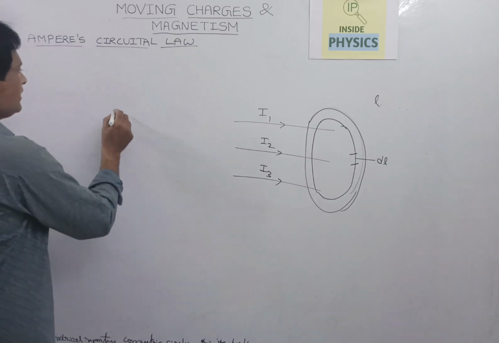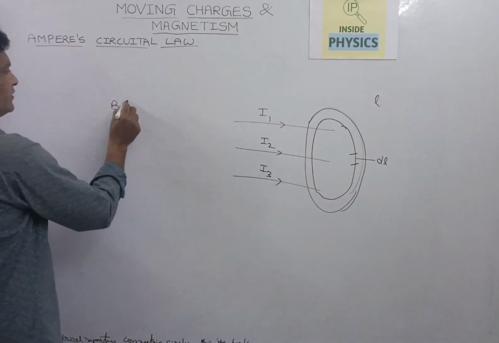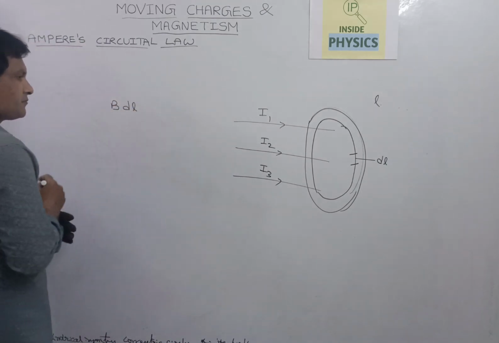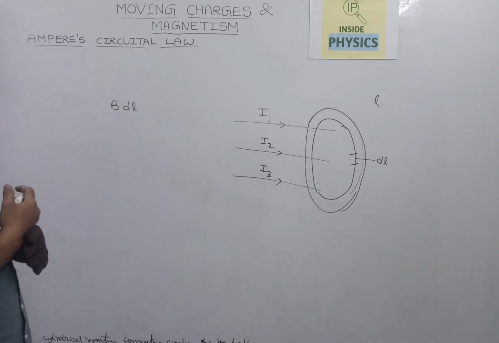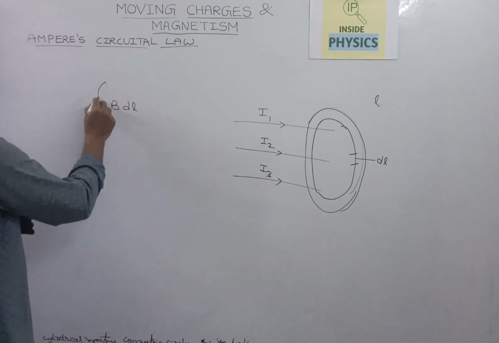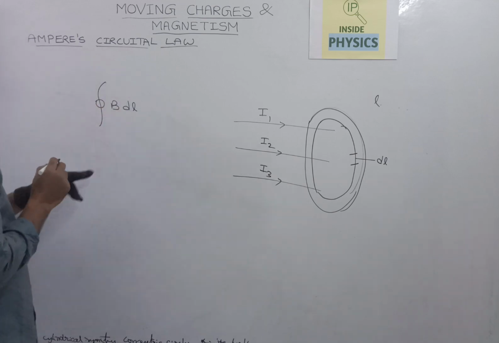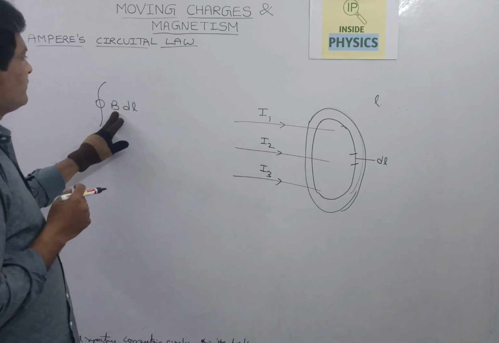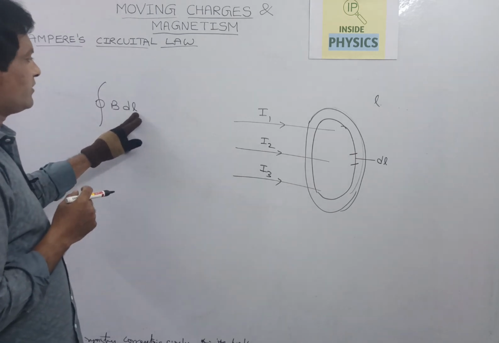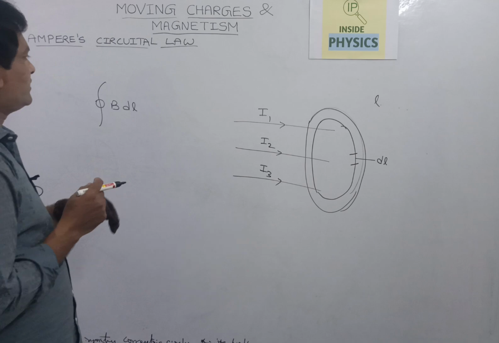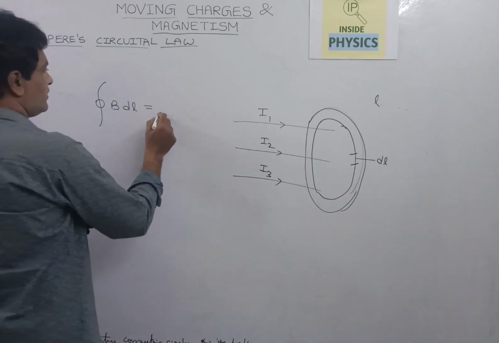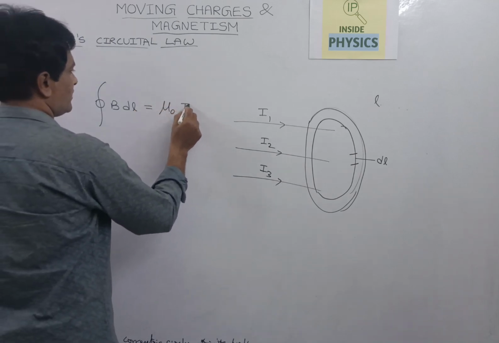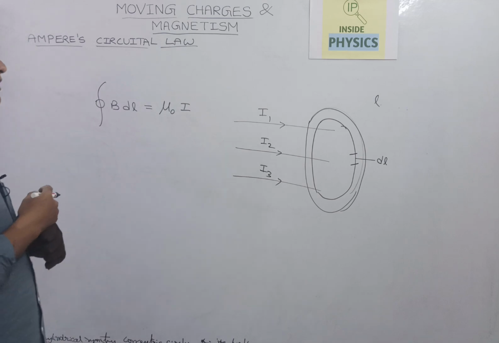So if you multiply the magnetic field with the small length, we can do the line integration, which is symbolized like this, where B is the magnetic field vector and dl is the length element vector. Now according to Ampere's circuital law, this is equal to mu naught times the current flowing through the surface.